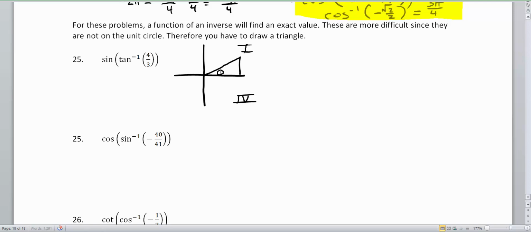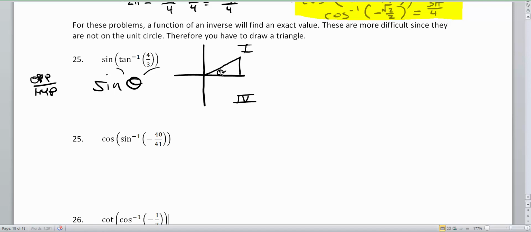I'm going to put in my theta right there, and what this means is that my answer is going to be the sine of theta. So I'm turning this into a picture with this relationship represented as theta. Now, if I can find all 3 sides of this triangle, then I just use my SOHCAHTOA of the opposite over hypotenuse, and that will give me the answer for the whole problem.